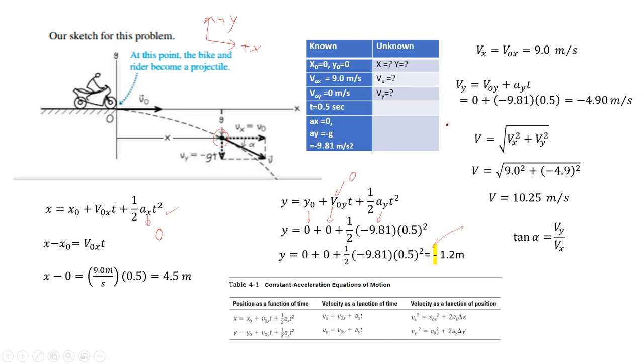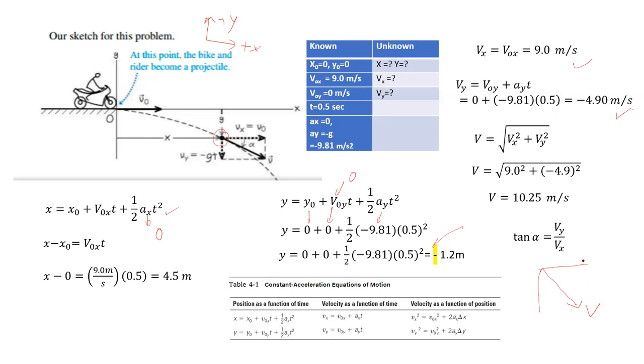And the second part was asking for velocity. We discussed this part. Now to find the velocity, you know V0y, plus ay t. Let's go back to my vector components.